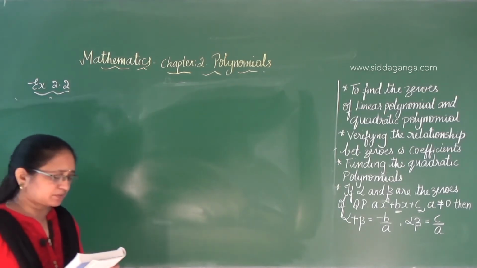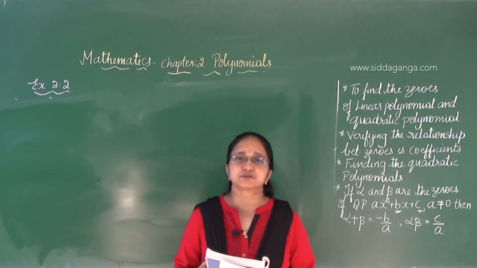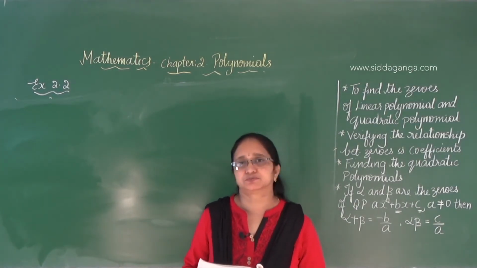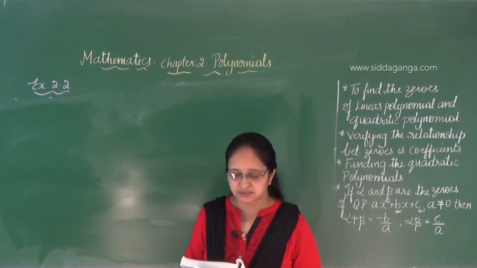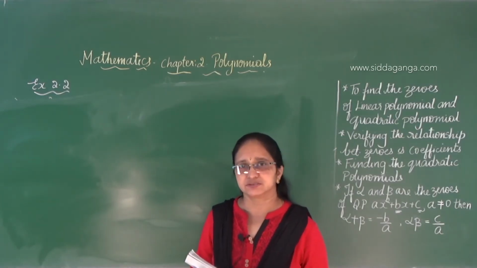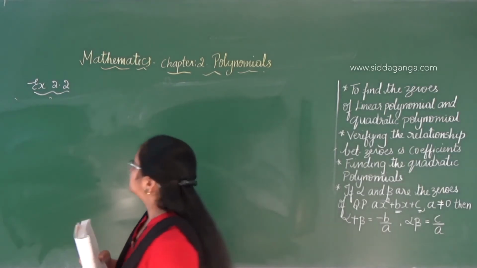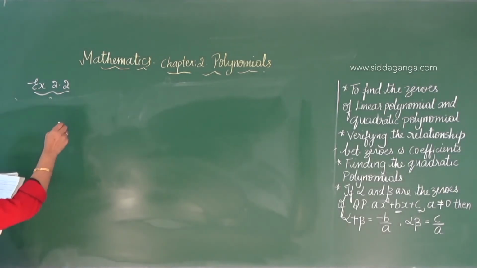See question number 4. First, main question number 4: 4u square plus 8u. All this factorization you have done in your lower classes, that is in 8th and also 9th standard. So this is a very simple method to find out the zeros.